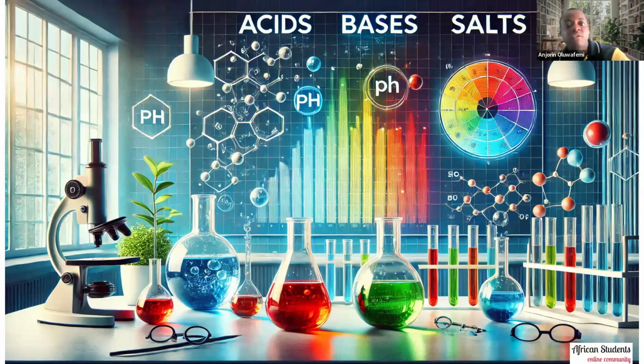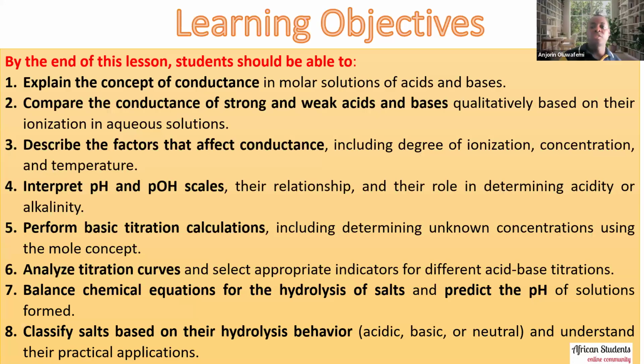And the learning objectives for this lesson include the following. By the end of this lesson, students should be able to, one, explain the concept of conductance and molar solution of acids and bases. Two, compare the conductance of strong and weak acids and bases qualitatively based on the ionization in aqueous solution.